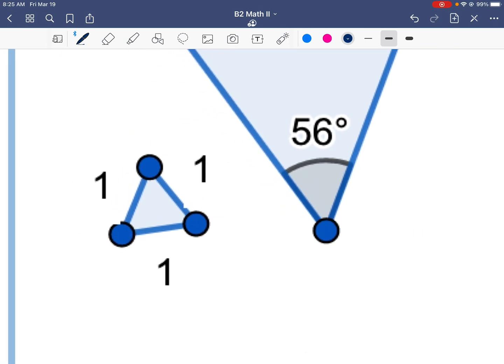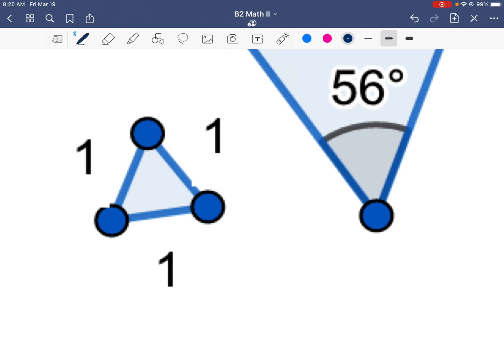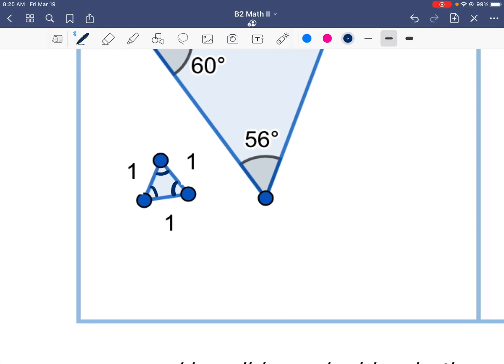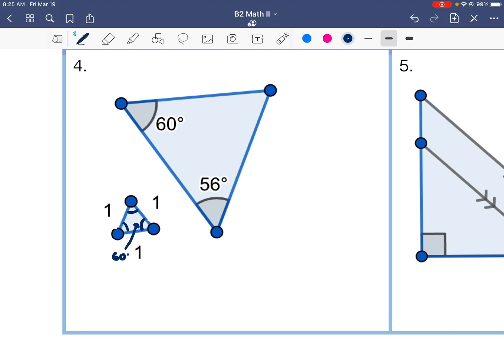Number 4, we have one triangle that's 1, 1, 1. This, if you'll remember, is an equilateral triangle because it has all of the same sides. And equilateral triangles have all the same angles in here. So all of those angles inside of that triangle have to be 60 degrees, because we've already decided that equilateral triangles have 60-degree angles.